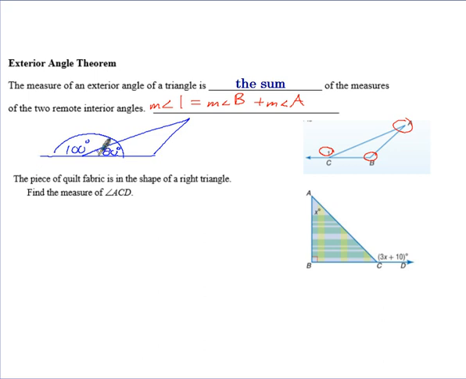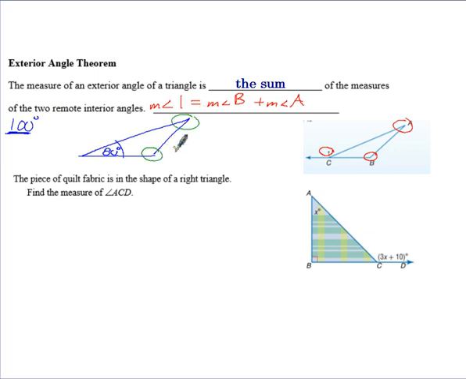And so now, let's pretend that this wasn't there. So I'm still going to remind us that that angle is 100 degrees. What the exterior angle theorem is saying is that this exterior angle is going to equal the sum of these two angles.